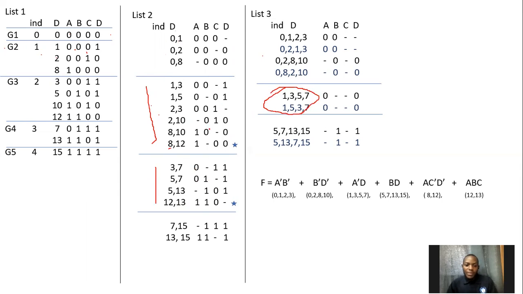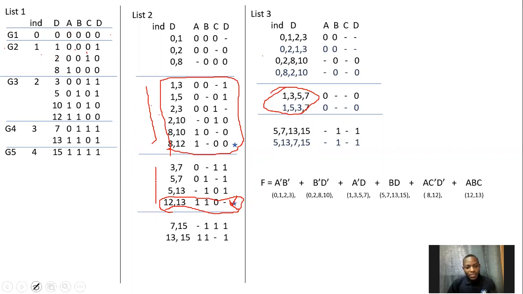The same applies. We can notice that we have another asterisk here, meaning 12,13 didn't combine with any group in this group again. So that's why we're having another asterisk there.